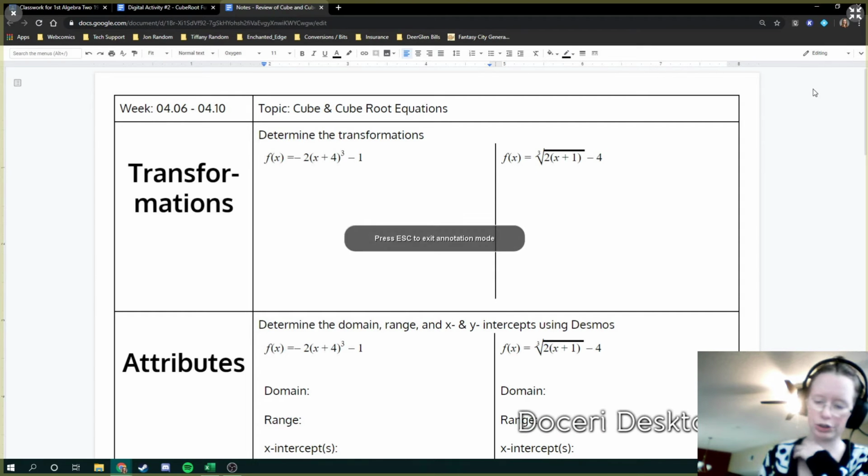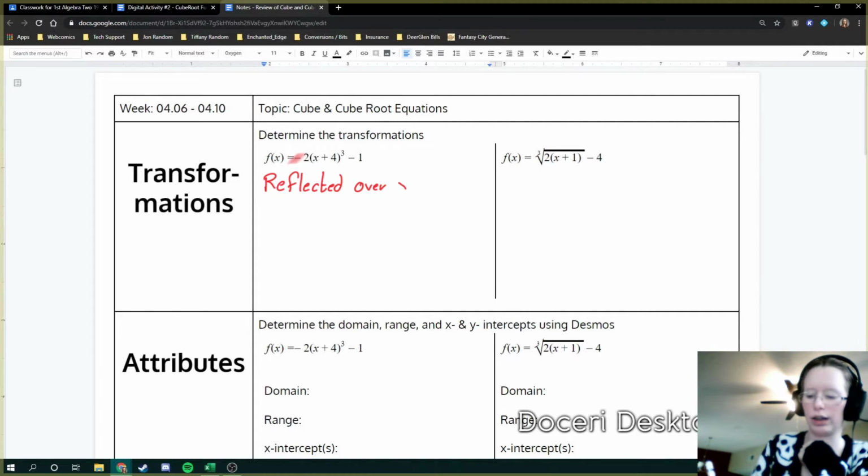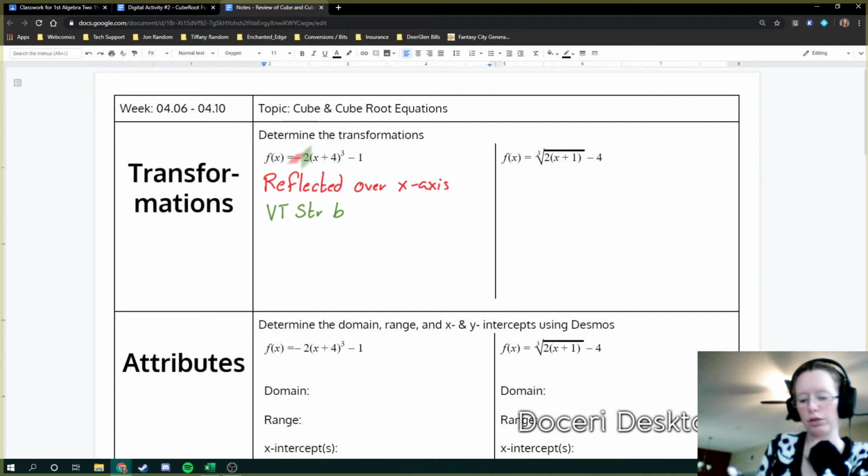Okay, so transformation statements on these guys. Starting off with this negative out front. The negative tells us that the graph has been reflected, and specifically, in this case, over the x-axis. The 2 on this problem tells us that we have a vertical stretch because the value is greater than 1, by 2.